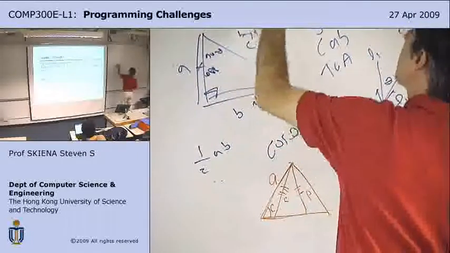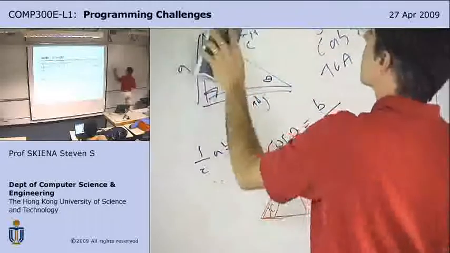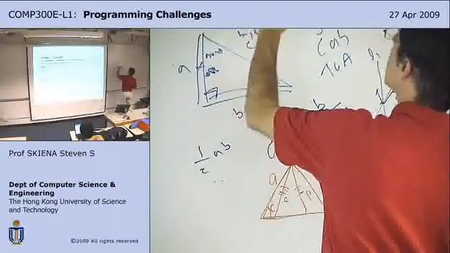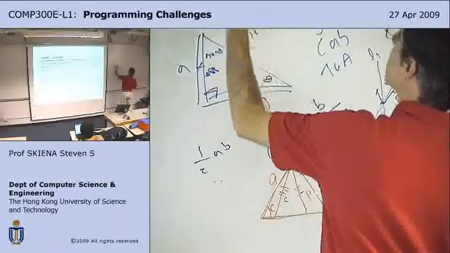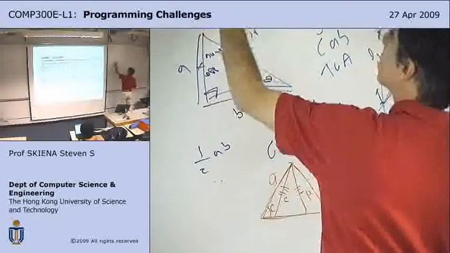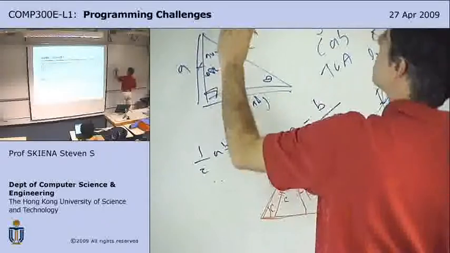Let's get rid of all the colors. The angle should be the angle between these two edges. This was, I think, A, C, B. Was that it? And here I had A, C, and B.